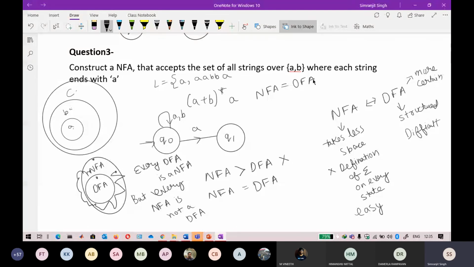If you have drawn an NFA, it can be converted into a DFA by something called the subset construction method.